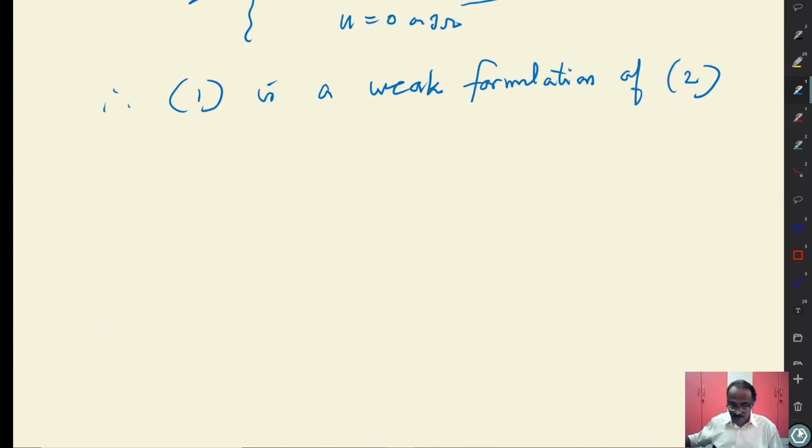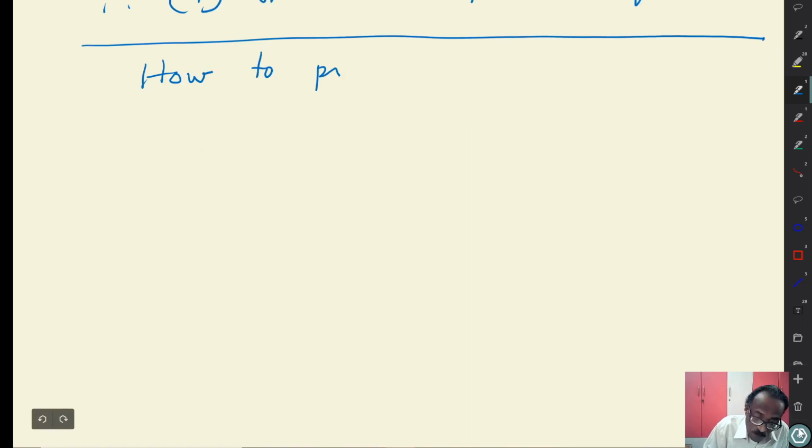Now you want to go to the next step, how to prove existence. This is the algorithm which I have described, how to prove the existence and uniqueness.